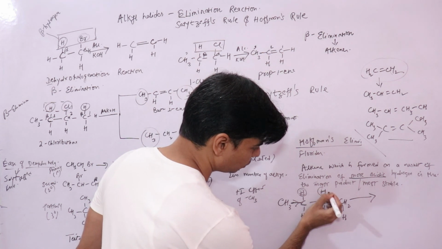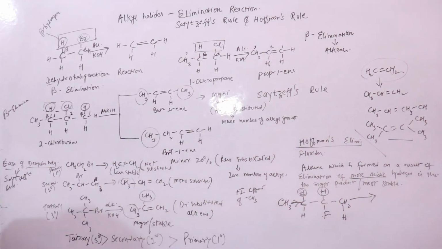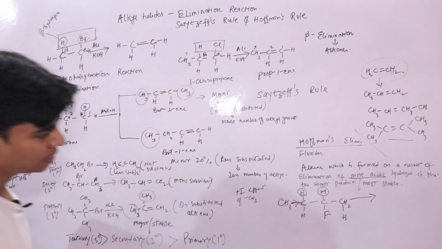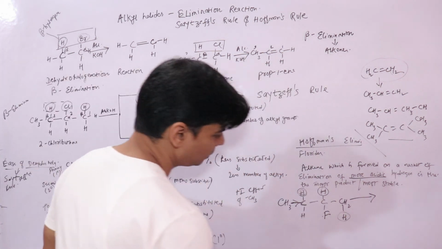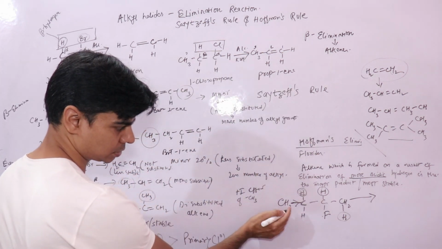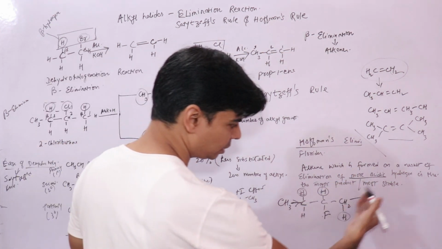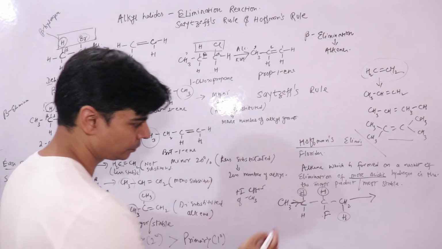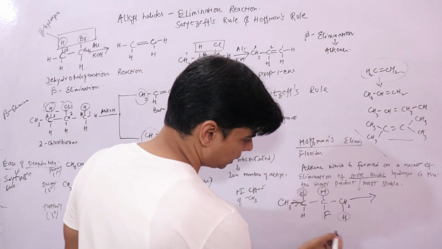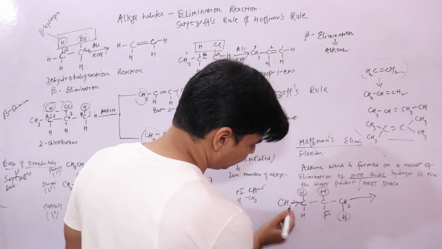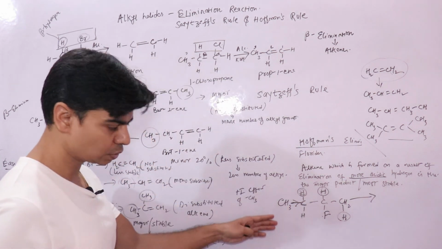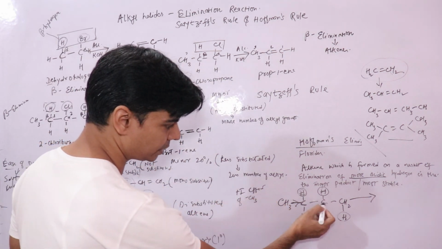you have this hydrogen atom also, and you have this hydrogen atom also. As you move away from this methyl group, the acidity of hydrogens will keep increasing. This is least acidic, and this is far away, because the methyl group is releasing electrons on the carbon atoms.